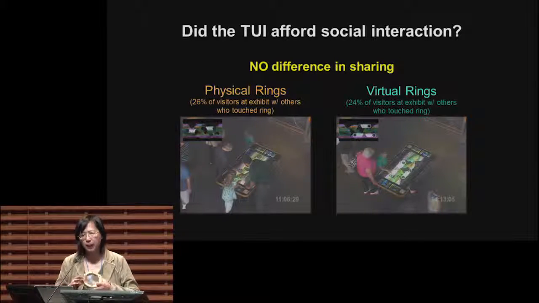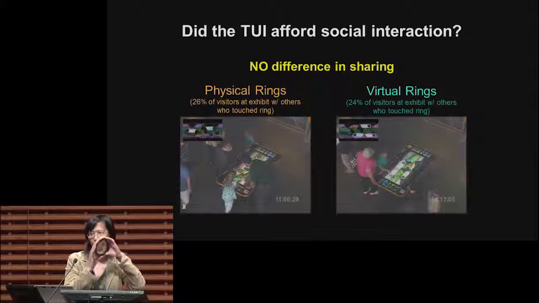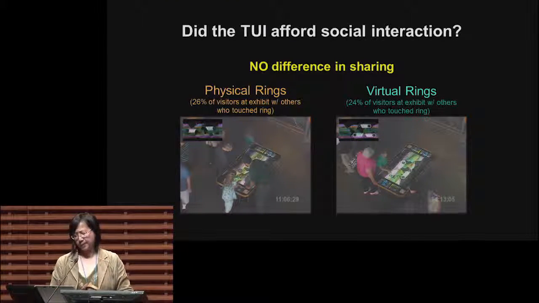And in some ways, that makes sense because the way we designed this is my own little portal into my own little microscopic world. So I think what this set of findings is saying is that maybe physical rings can give more opportunities for productive social interactions, but designing for those interactions really goes beyond whether it's physical or virtual.